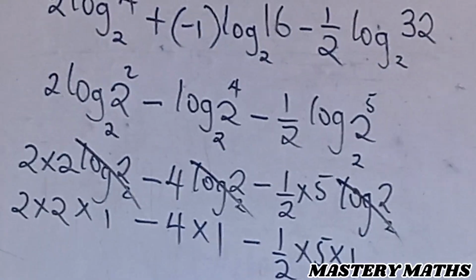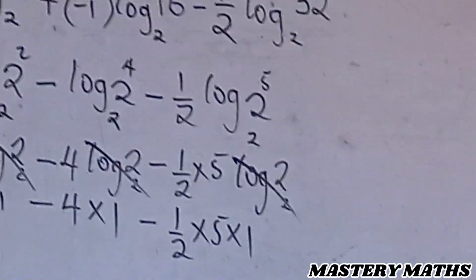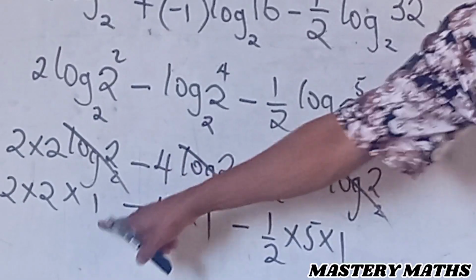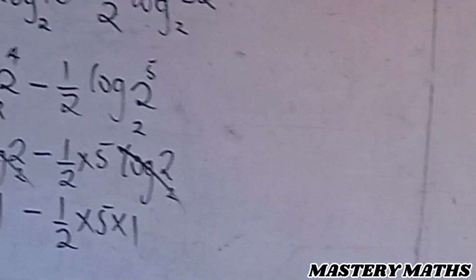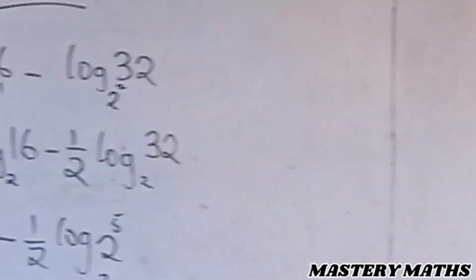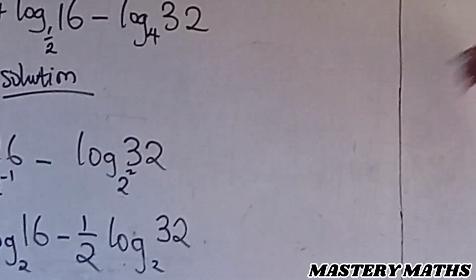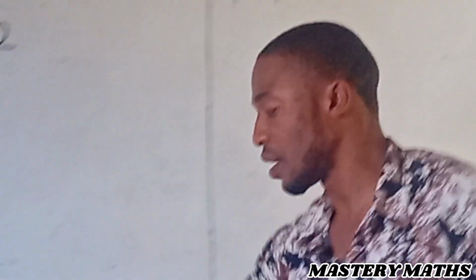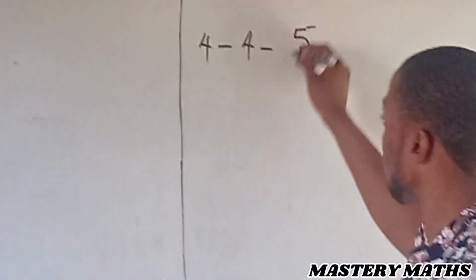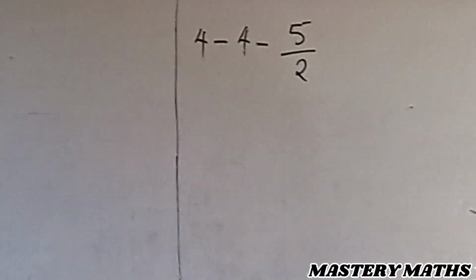If you look at the board, here we have 2 times 2 times 1, which will give us 4. You have your minus 4 times 1, which is 4. Here you have your minus 1 times 5 times 1, which will give us 5 over 2.